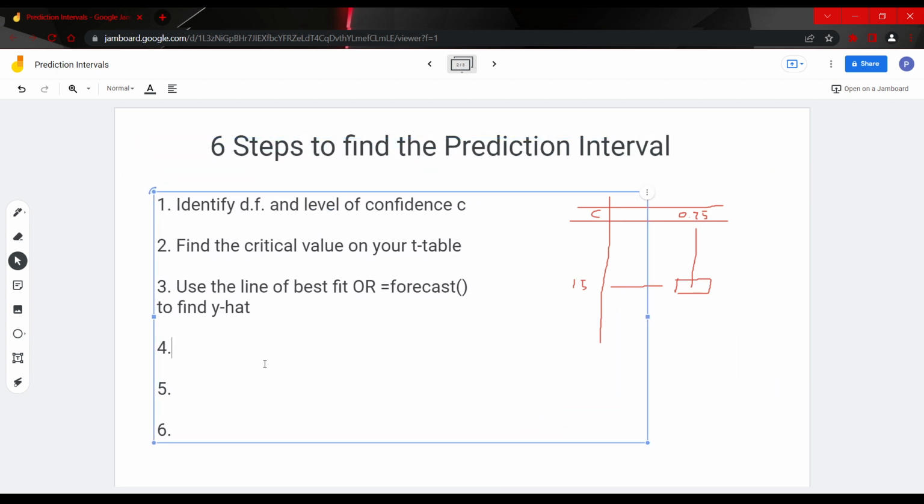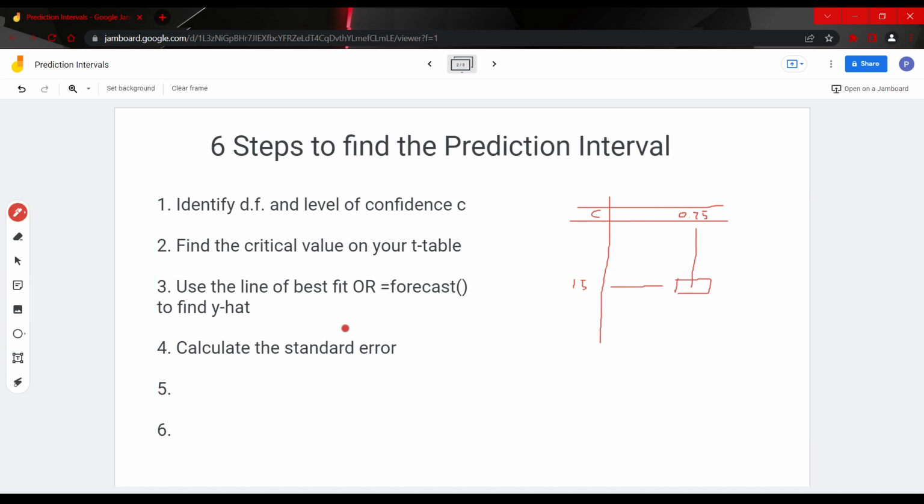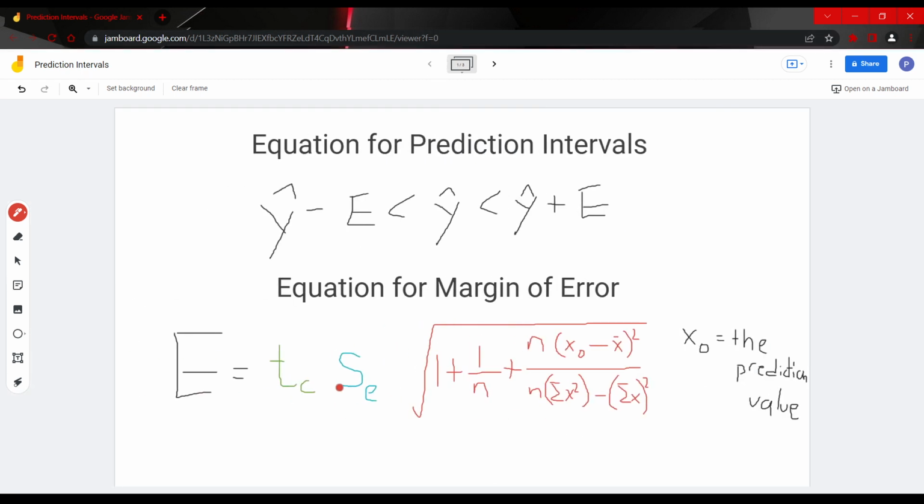But both will work. Step 4, we are going to calculate the standard error, and this will be your SE. So this is your SE, and this is your TC. On the previous page, these are these two numbers.